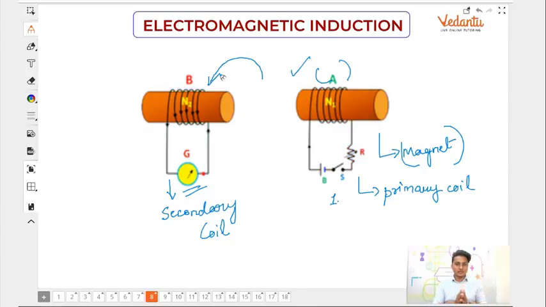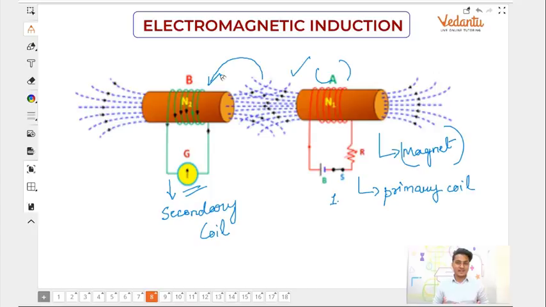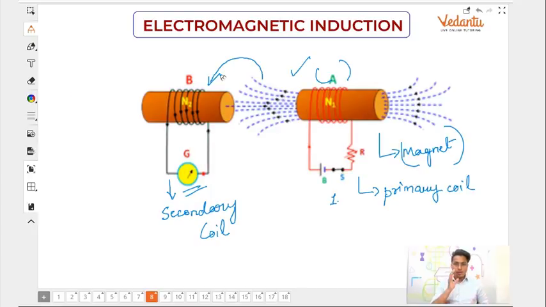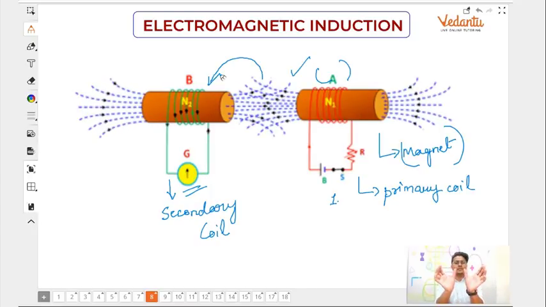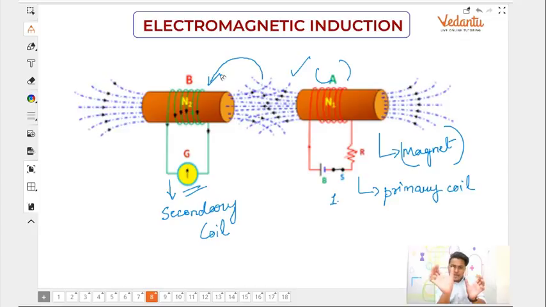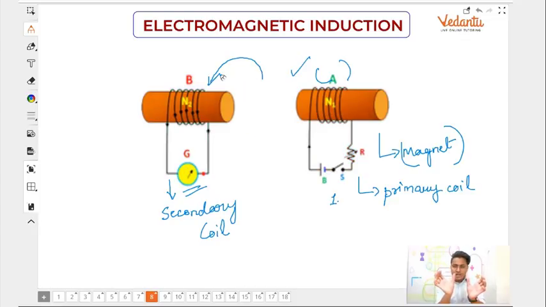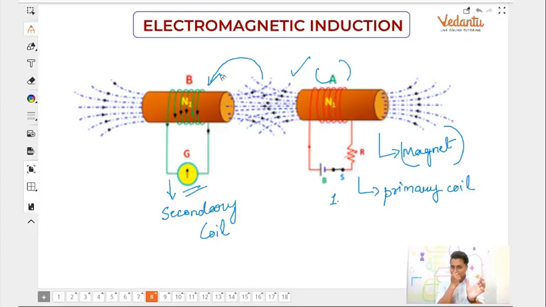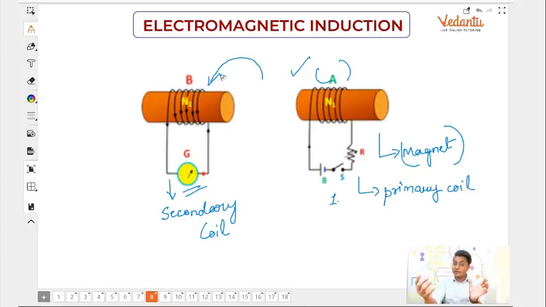One very simple thing. Now what I'm talking is now electromagnetic induction. What is electromagnetic induction? Whenever there are two coils kept together, one being a primary coil, one being a secondary coil. The primary coil is actually connected to a battery. This battery now produces a current through the primary coil. And due to this current, a magnetic field is generated.